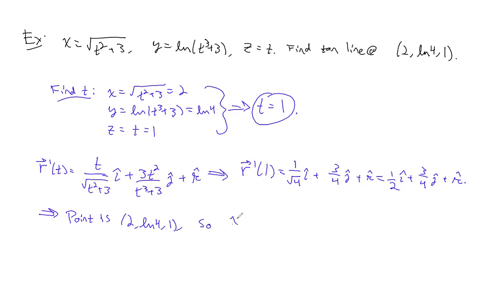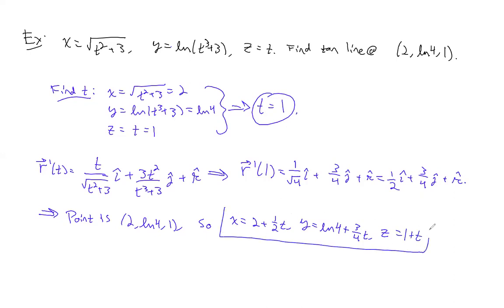So what we have is x equals 2 plus 1/2 t, y equals ln 4 plus 3/4 t, z equals 1 plus t. And that would be our tangent line.